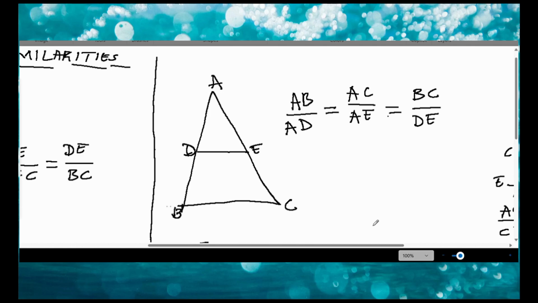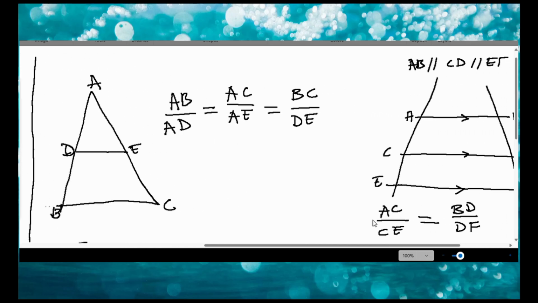And this should also be equal to BC and DE. Which one is the largest? It is BC, so the largest should come first, BC over DE. So that is what you could do when you don't have any information concerning which of the triangles is the image of the object, and you want to apply the Thales Theorem in solving it.